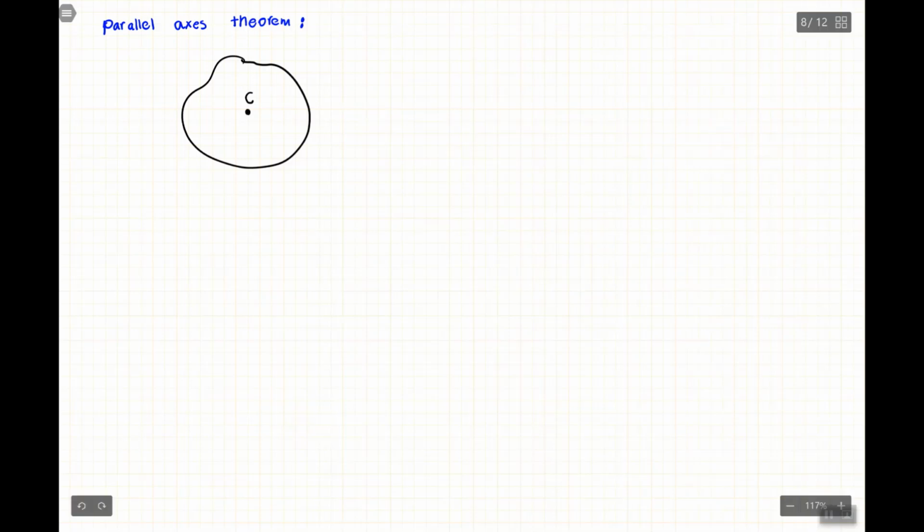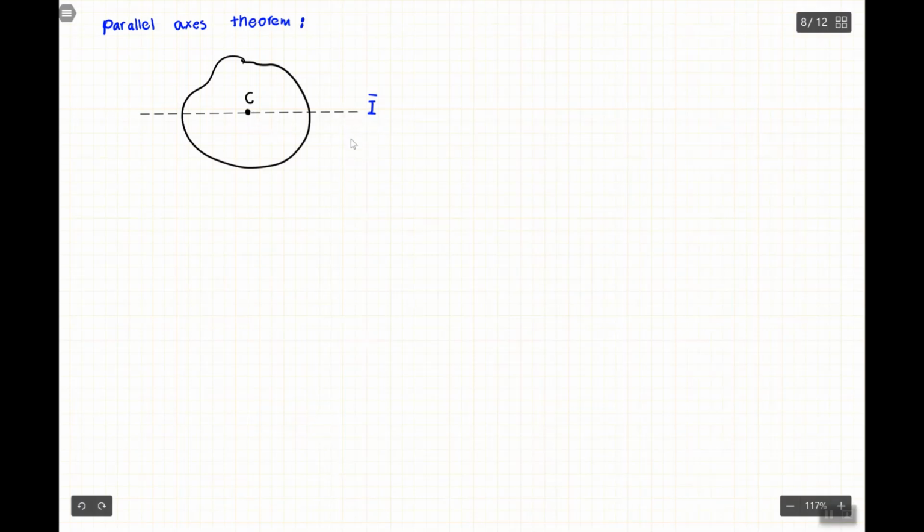and we managed to find the moment of inertia about this axis. So let's call this one I. But also I put a bar here to remind ourselves that this moment of inertia is about an axis which passed through the centroid, right?